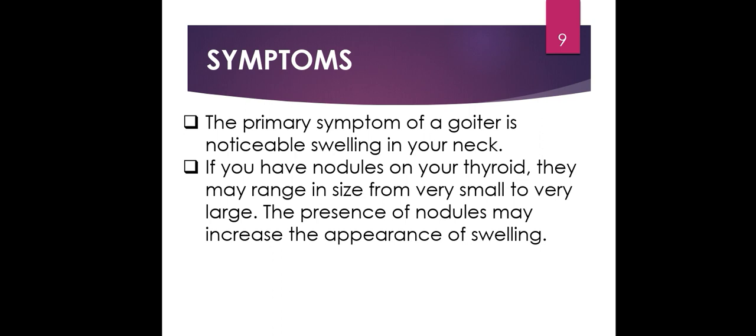Symptoms of goiter. Now, we have different symptoms of goiter. The primary symptom of goiter is noticeable swelling in the neck. If you have nodules on your thyroid, they may range from very small to very large in size. The presence of nodules may increase the appearance of swelling.